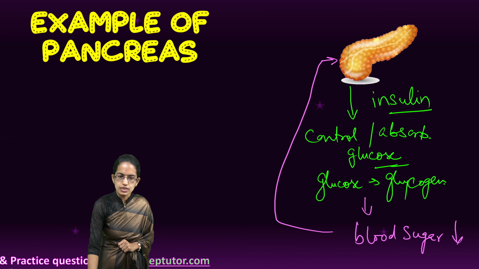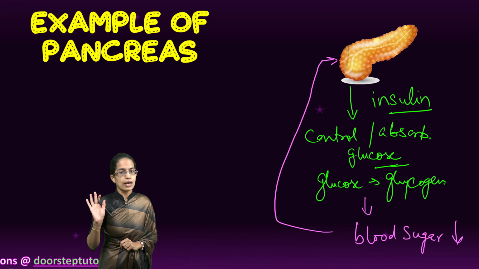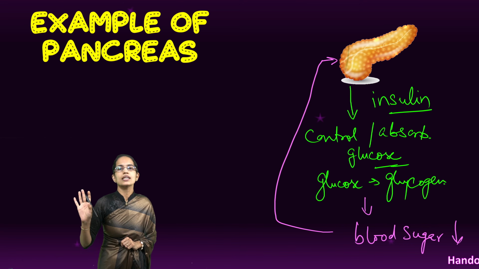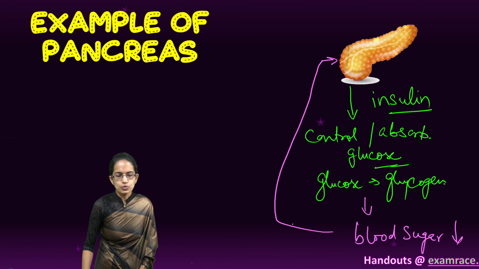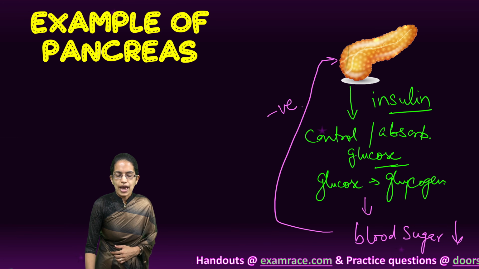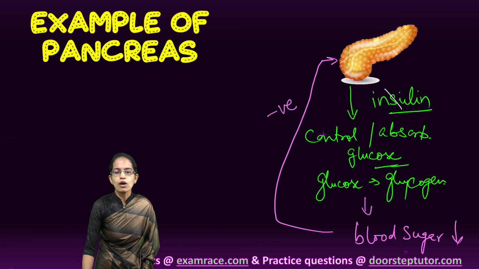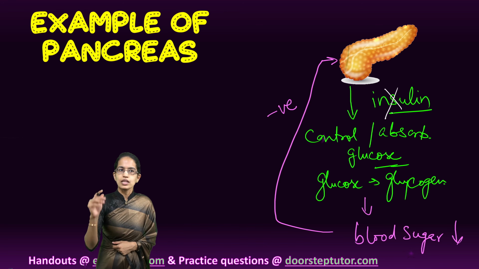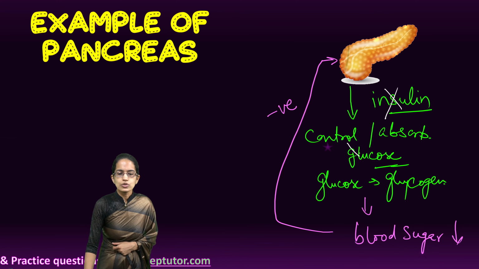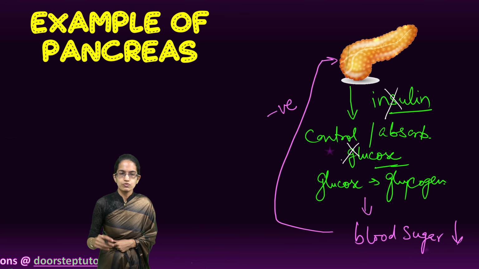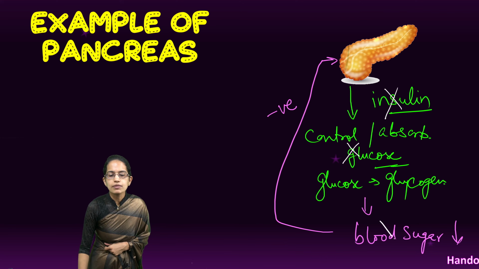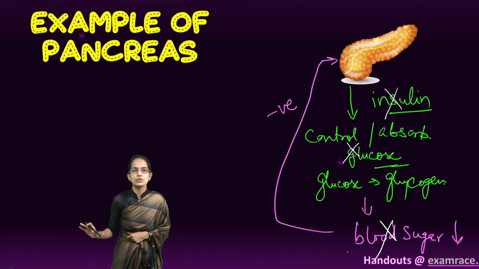And what is the signal? My blood sugar levels are down. Stop secreting insulin. So as soon as this negative feedback goes, the pancreas would stop secreting insulin. Now the insulin secretion would stop. So the amount of blood glucose which is being controlled would reduce, and the falling blood sugar levels would again reduce.